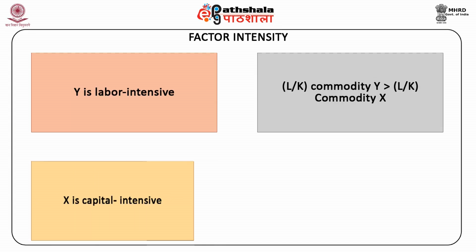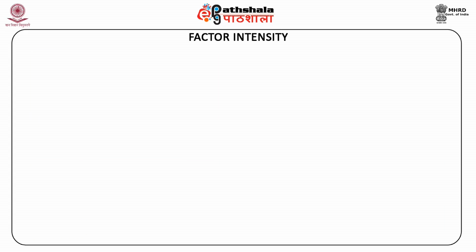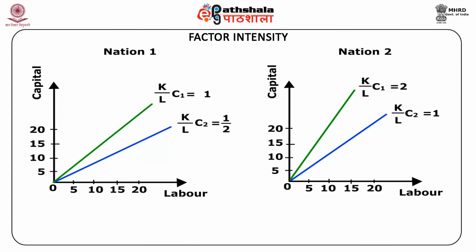Similarly, for capital intensive commodity X, K by L for commodity X is greater than K by L for commodity Y. As shown in the diagram, we have taken labor on x-axis and capital on y-axis.